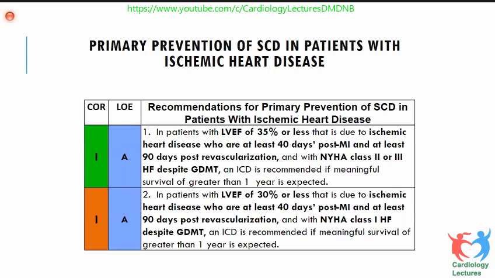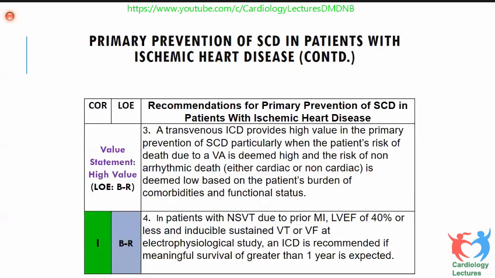The second one is ejection fraction of 30% or less, ischemic heart disease, who are at least 40 days post-MI, at least 90 days post-revascularization, this time New York Functional Class 1. This is also given a Class 1 indication in this guideline.